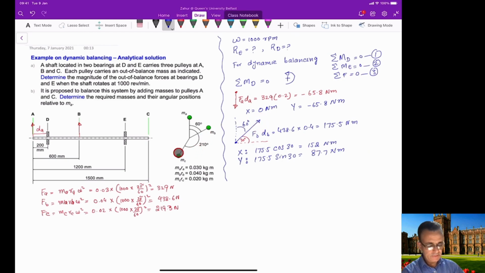Now, as you can see, this MC again is acting in this direction here, and it's toward this side here. So the direction of the moment will be in the direction of the force. So we can again know that the angle of this is 210 with the vertical.